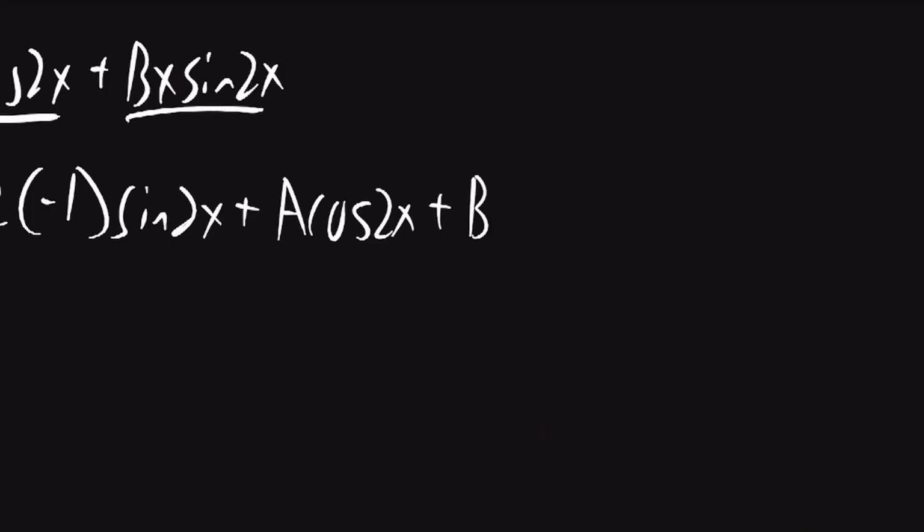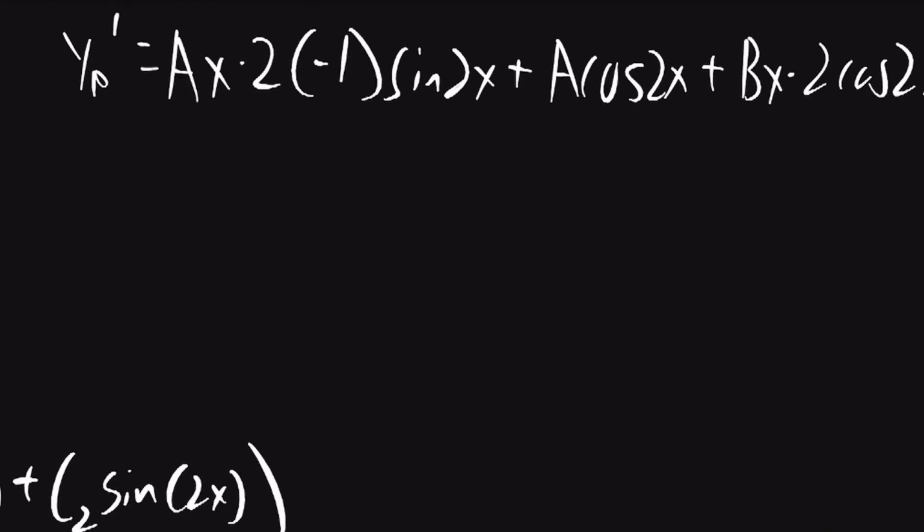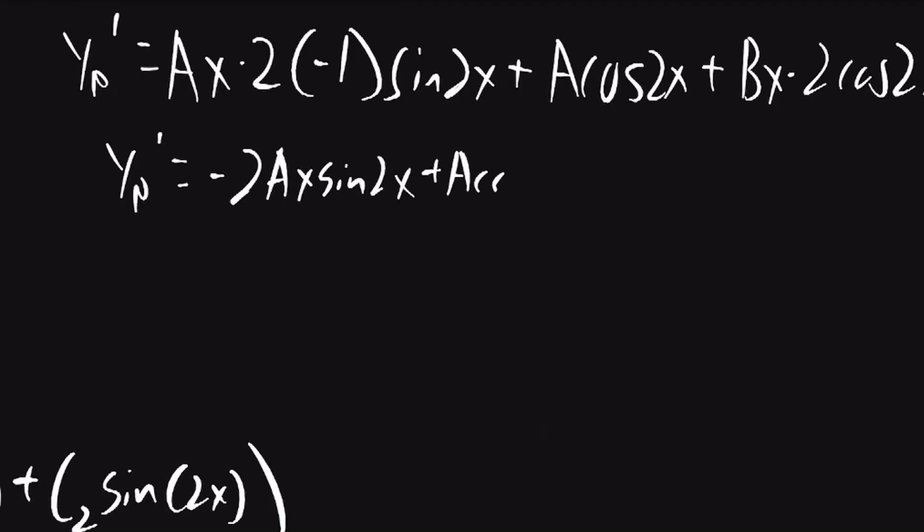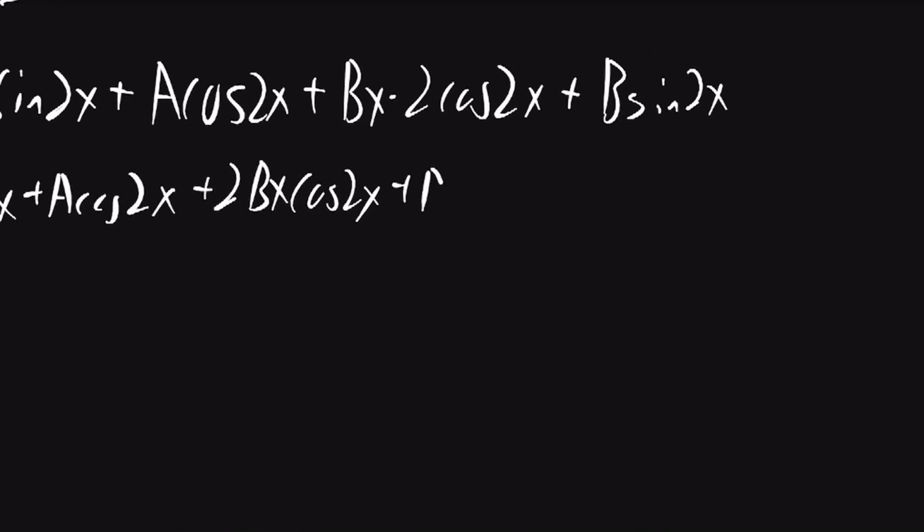We will get b times x times 2 cosine 2x plus b times sine of 2x. So yp prime is going to be equal to negative 2ax sine 2x plus a cosine 2x plus 2bx cosine 2x plus b sine 2x.